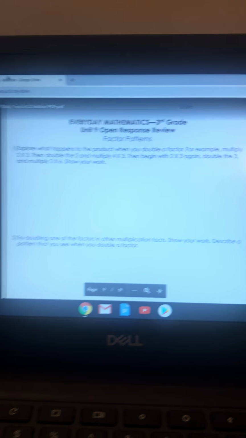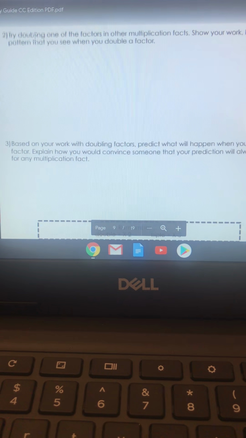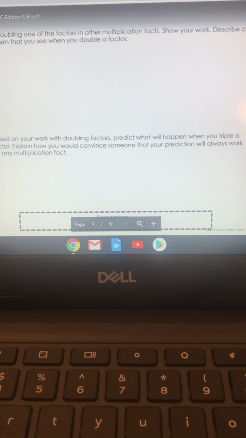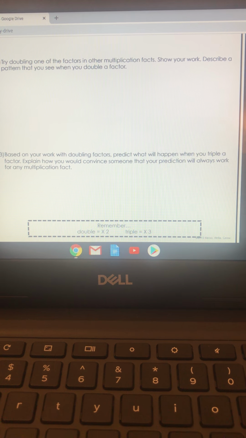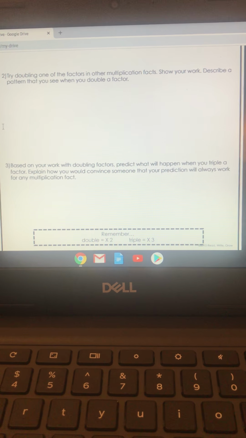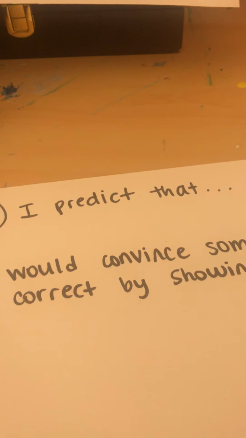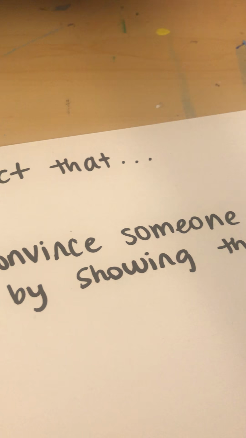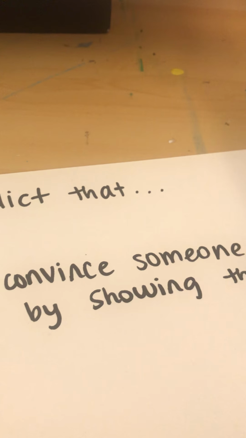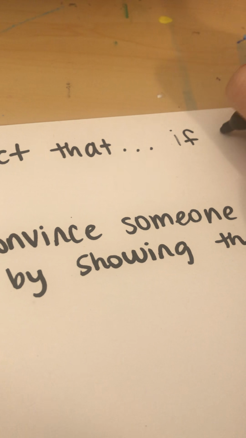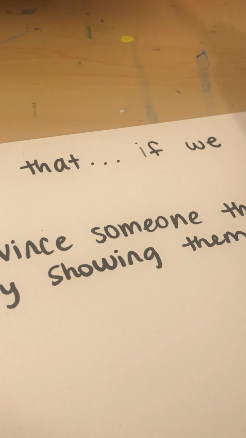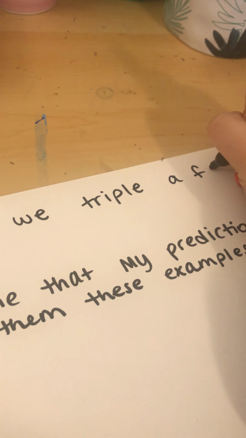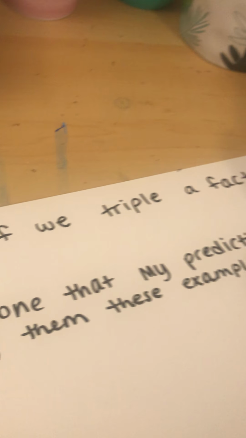So now let's go to number 3. So it says, based on your work with doubling factors, predict what will happen when you triple a factor. So let's write our prediction first. I started out, I predict that, okay, so if I'm thinking of the 2 times 3, and if we doubled the 2, that means our answer doubled. So I'm going to predict that if we triple a factor, what do you think is going to happen to your product or your answer?